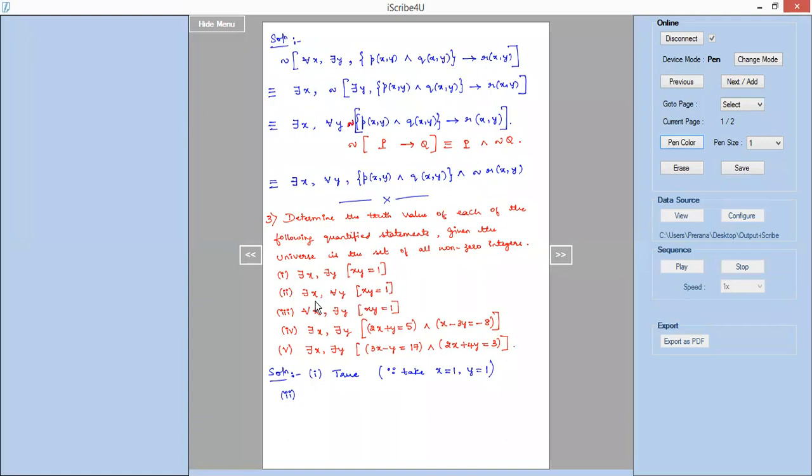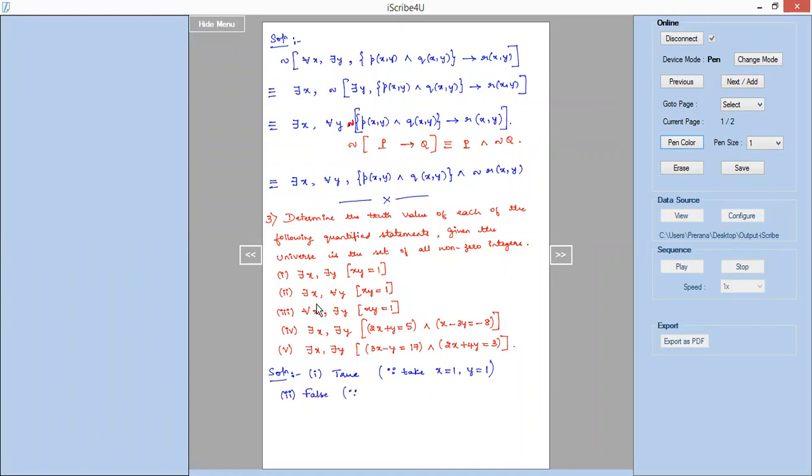So suppose I take x is equal to 1. For every y, this is not true. When I take y equal to 1, x into y will be equal to 1. But when I take y equal to 2, and I've already fixed the value of x as 1, 1 into 2 will be 2, which is not equal to 1. So the second one will give us a false.